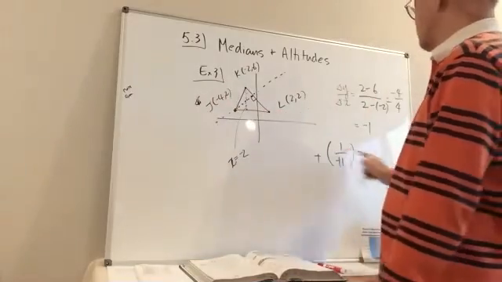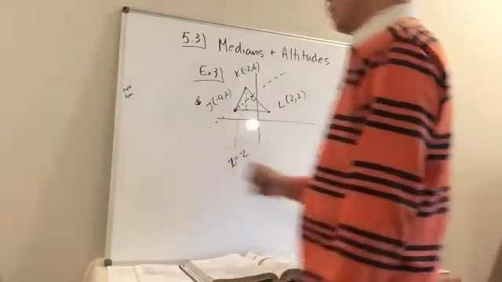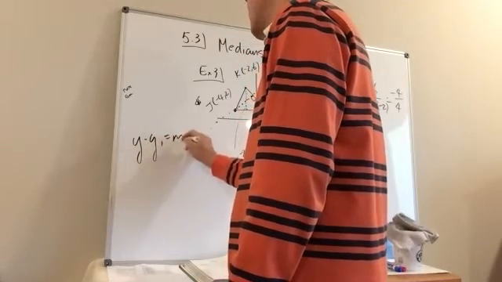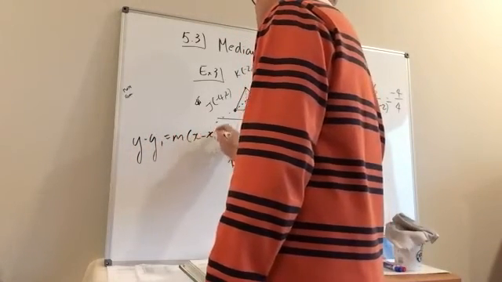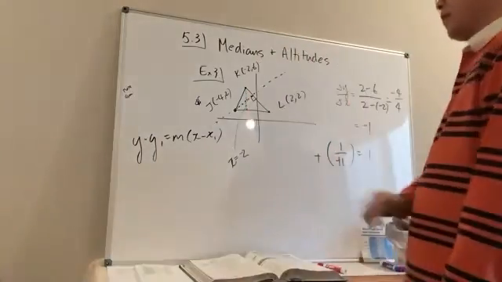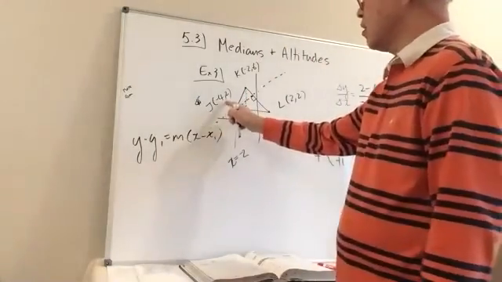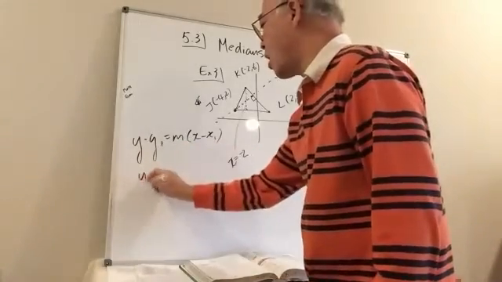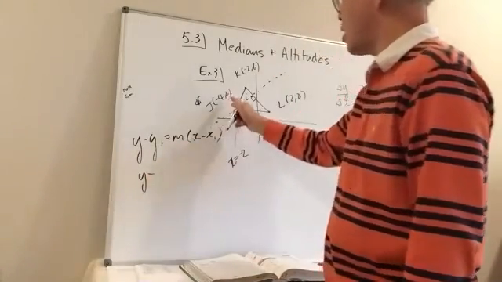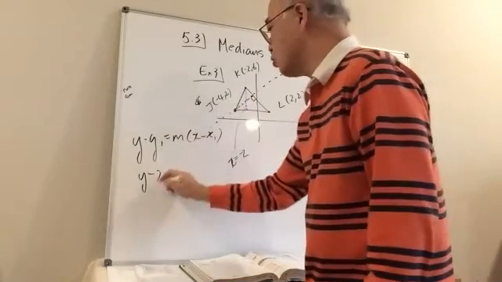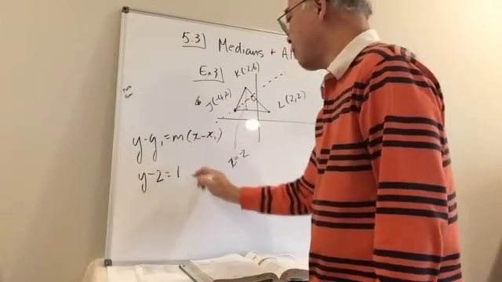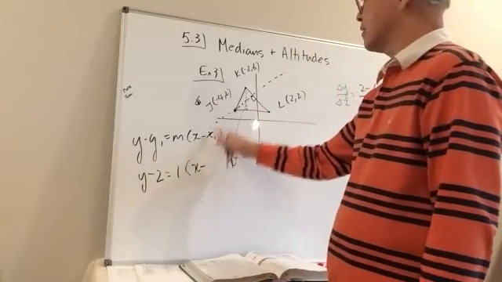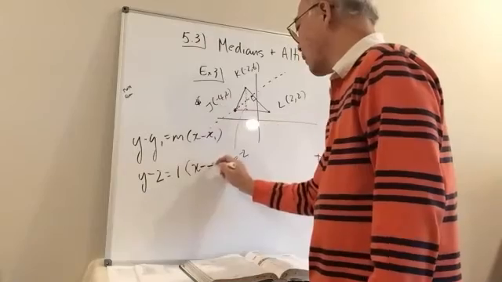So I know that it goes through this point right here. I know that the slope is 1. The point slope equation, if you remember, is y minus y1 is equal to m times (x minus x1). And it goes through this point here, and I know that m is equal to 1. So I'm going to have y minus 2 equals 1 times (x minus -4), right?